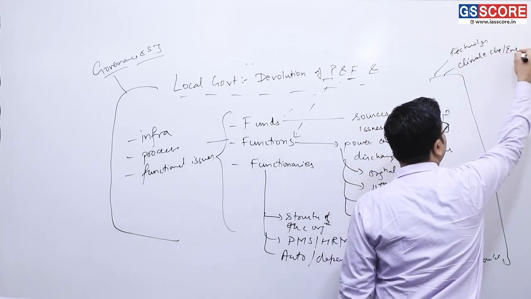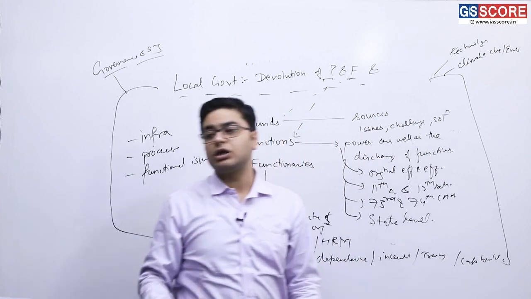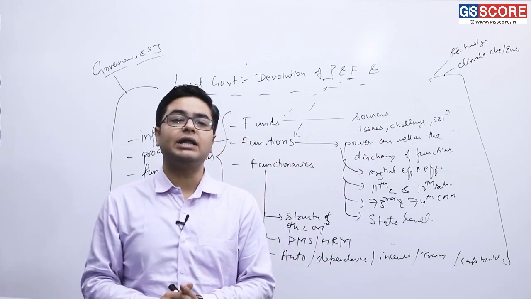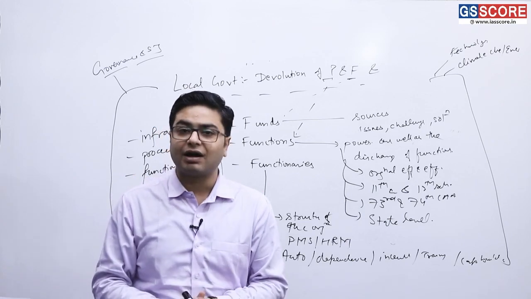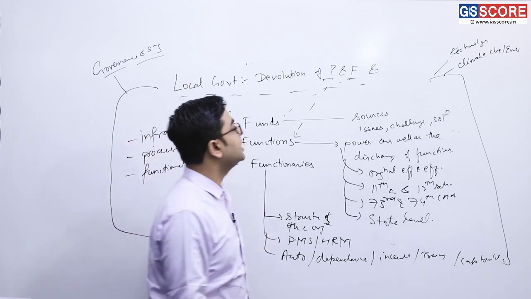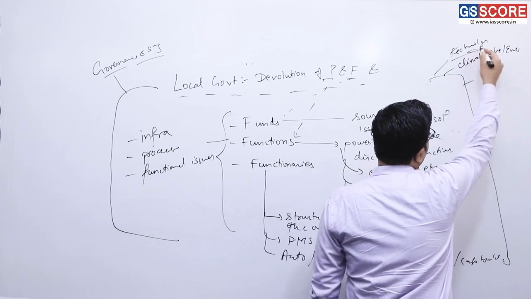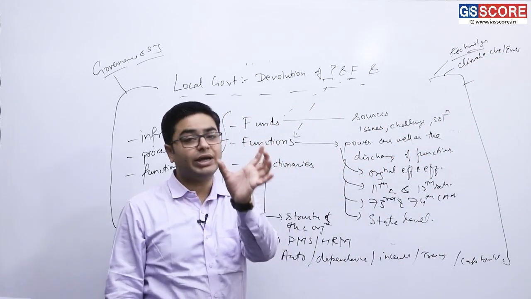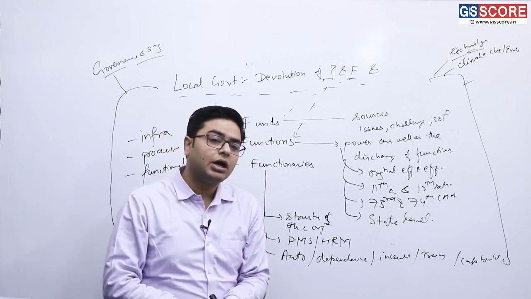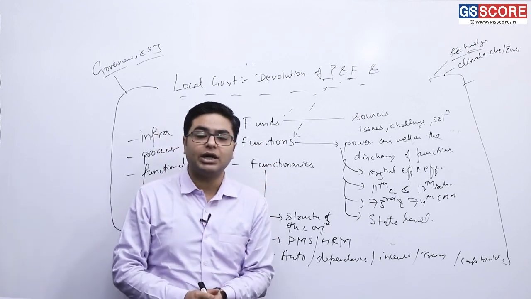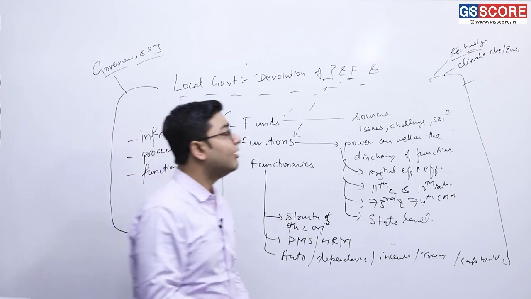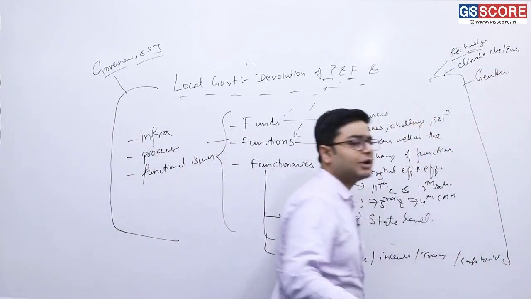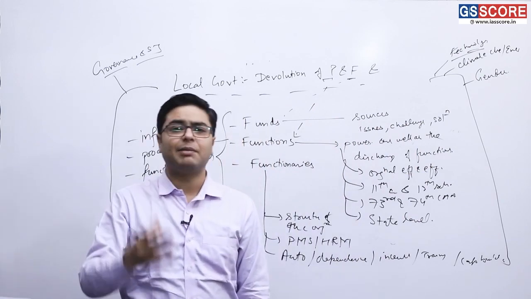or environment, wherein we can talk about how local bodies can play a constructive role in the overall project of climate change. Technology, yes, I have told you, e-governance, but let us not limit it to e-governance. It is also about technologies related to the fourth industrial revolution, with themes like gender. Sarpanch Pati or Panchayat Pati is one example.